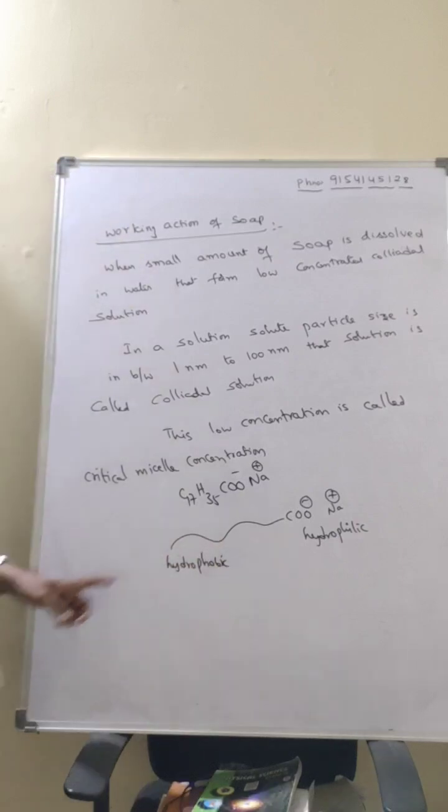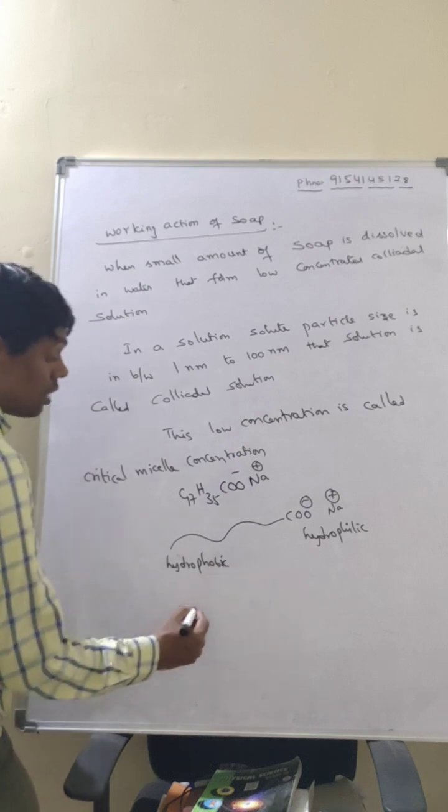All the hydrophobic ends are collected together at a particular point. This is called aggregation of colloidal molecules.